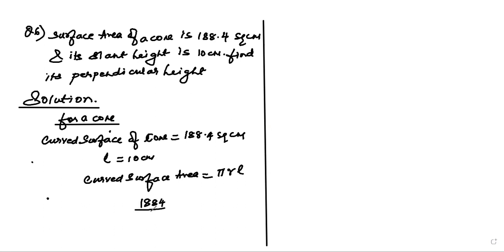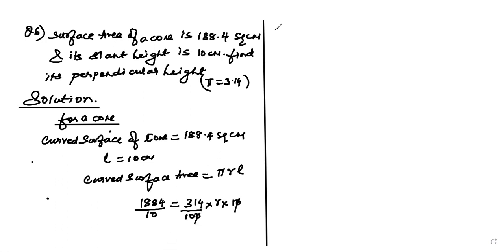188.4 upon 10 is equal to, have they given us a value of pi, children, here in this sum? Yes, they've given us a value of pi as 3.14. That means you have to take pi as 3.14, 314 upon 100 into r, which is not given, into 10. This 10 and 10 will get cancelled. Now I want r.